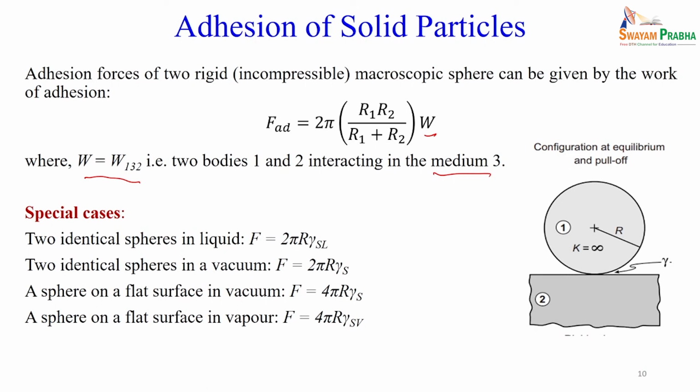Now, if you consider R1 and R2 are equal, F will be 2 pi r gamma solid liquid, because they are interacting in the liquid. So, this will be the solid liquid interfacial tension.